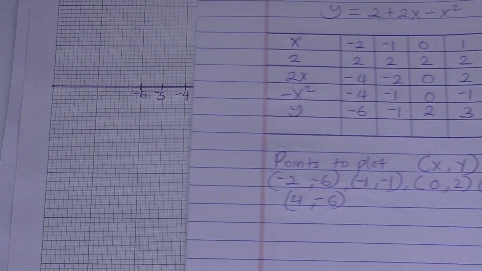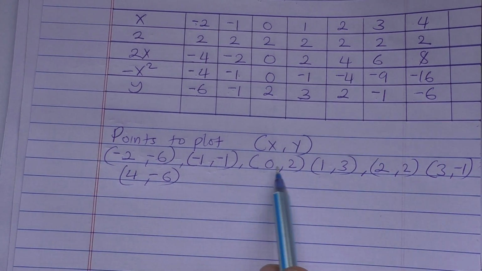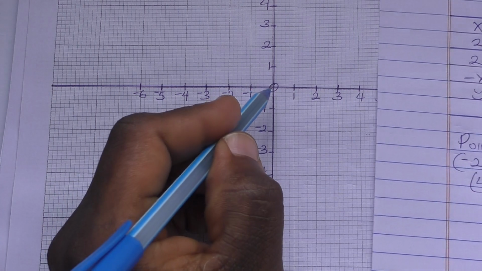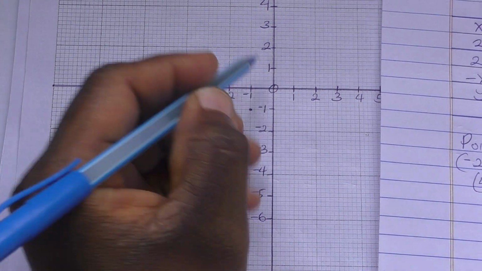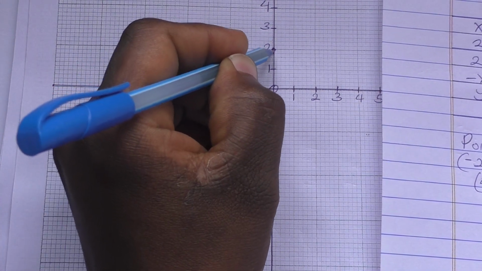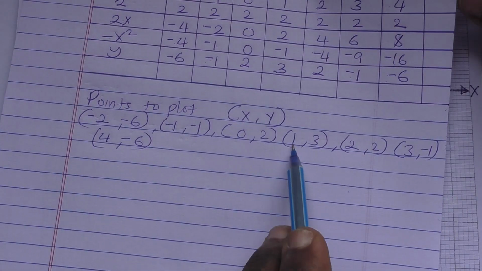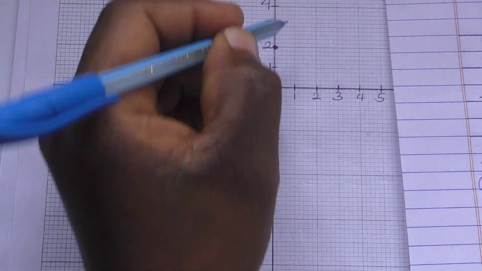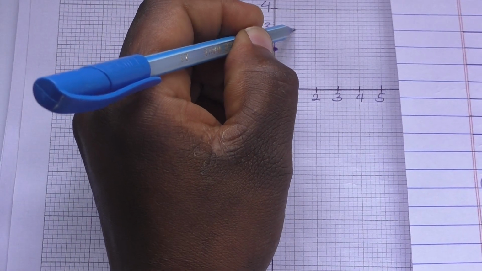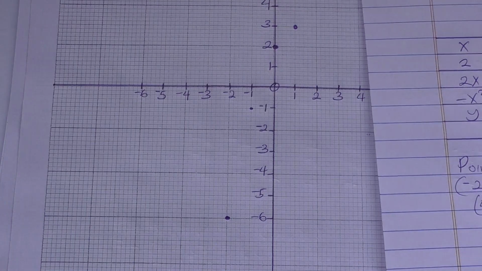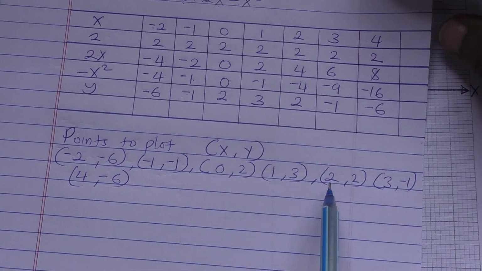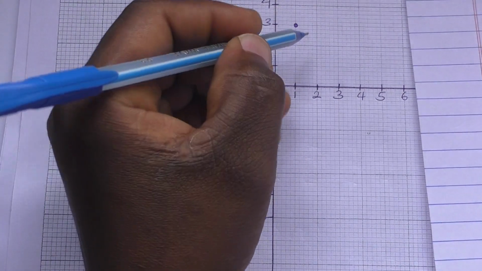Then we shall have (0, 2). So (0, 2) is here. Then we shall have (1, 3). So (1, 3) is here. Then we shall also plot (2, 2). So (2, 2) is here.